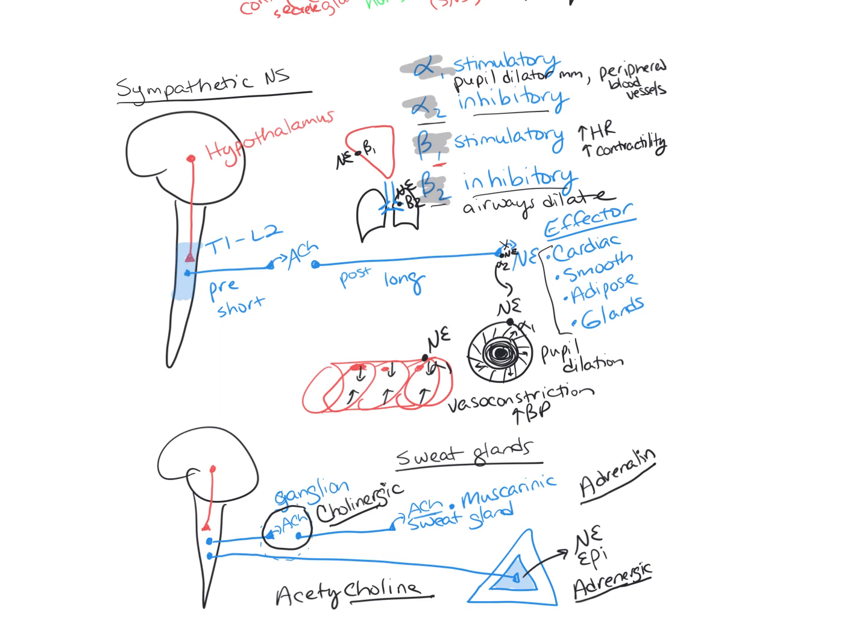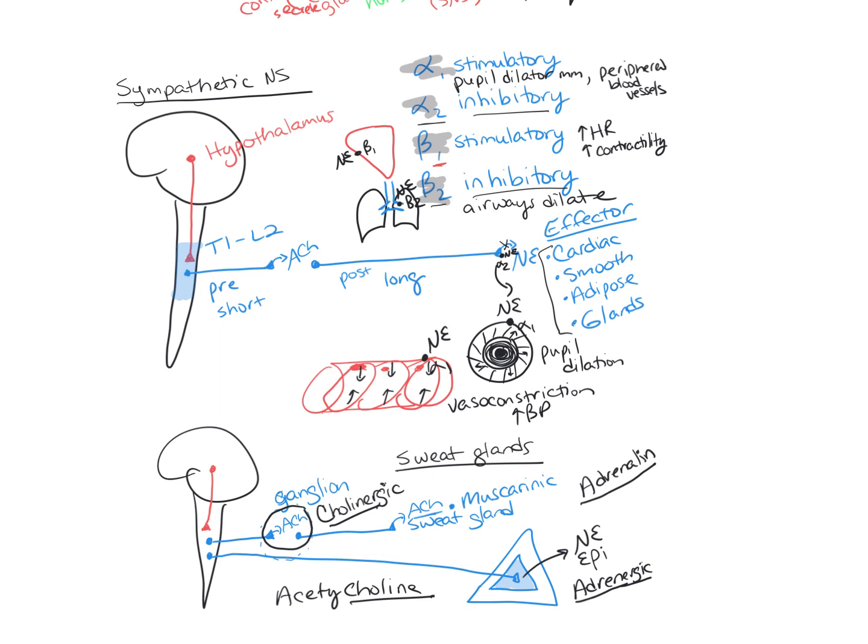So an alpha-1 agonist would dilate the pupils and constrict the peripheral blood vessels to raise blood pressure. An alpha-2 agonist would inhibit the release of norepinephrine, which would then inhibit all of the responses of the sympathetic nervous system.